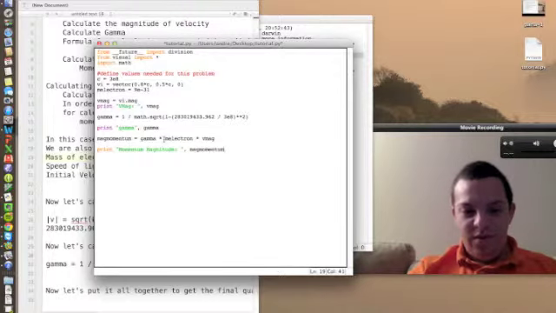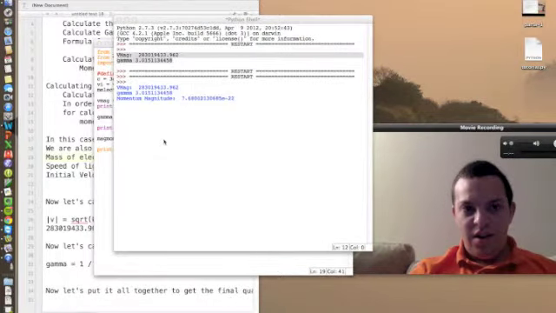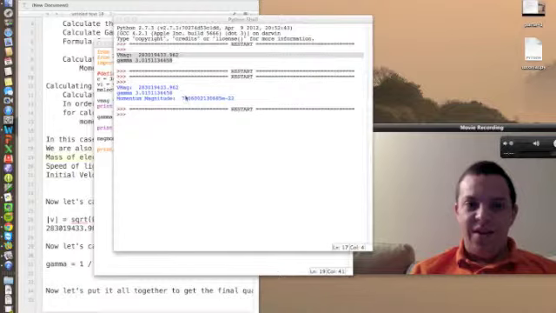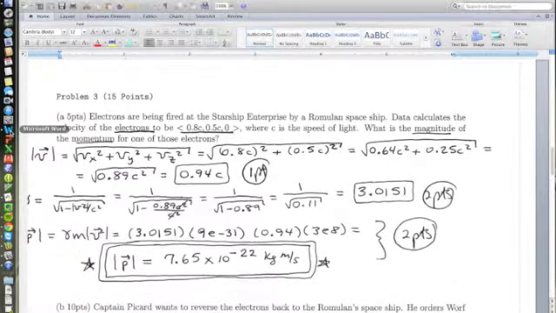So there's your final quantity. Let us print it out real quick. And we have the final answer of 7.68 times 10 to the negative 22. Alright, so we have now solved part 1 of the question.